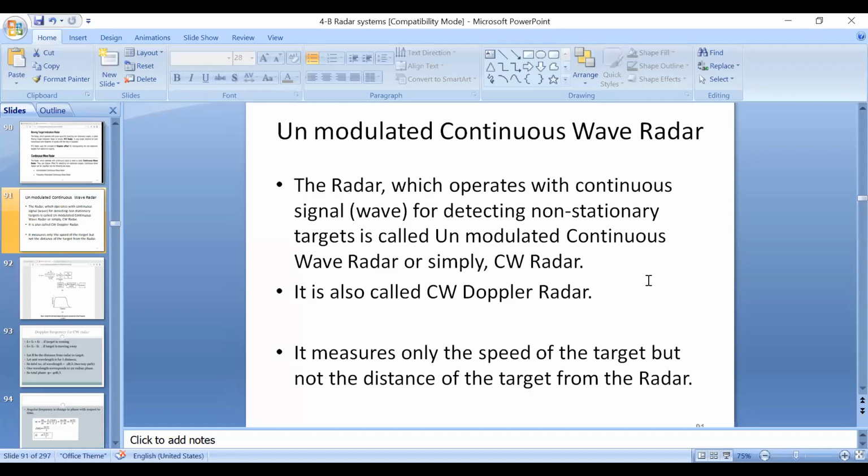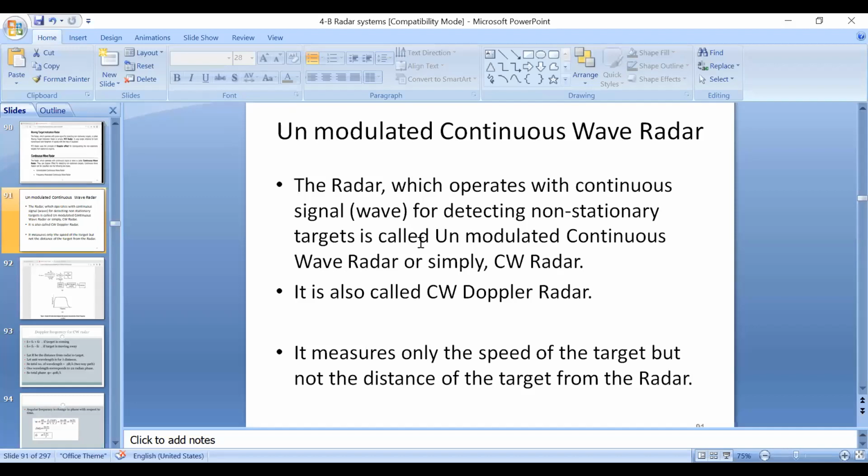In the second type of continuous wave radars, frequency modulated continuous wave radar, in order to extend the range capabilities, they are using frequency modulation. See here, the radar which operates with continuous wave signal is for detecting the non-stationary targets.